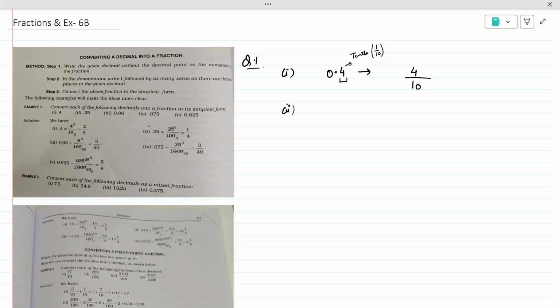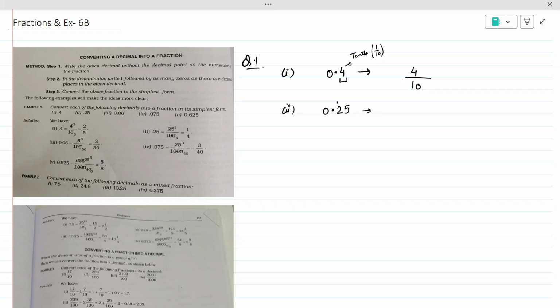Similarly, in the second part we have 0.25. First of all, just understand that this .25 can also be written as 0.25, because if we do not have any whole number in the decimal number, we can write 0. So we can write 0 in place of a whole number. Now we are given this number 0.25.